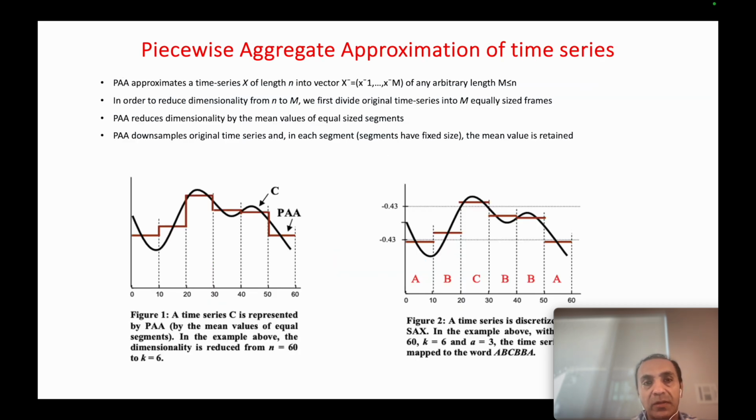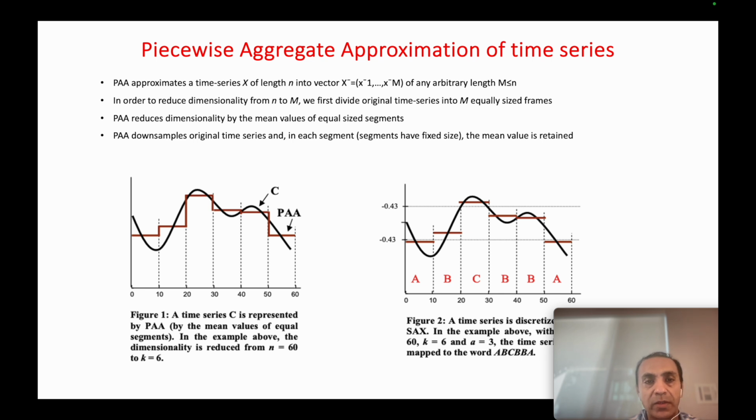Piecewise aggregate approximation approximates a time series x of length n into a vector x bar of any arbitrary length m, where the length of the vector is always less than or equal to the length of the original time series.